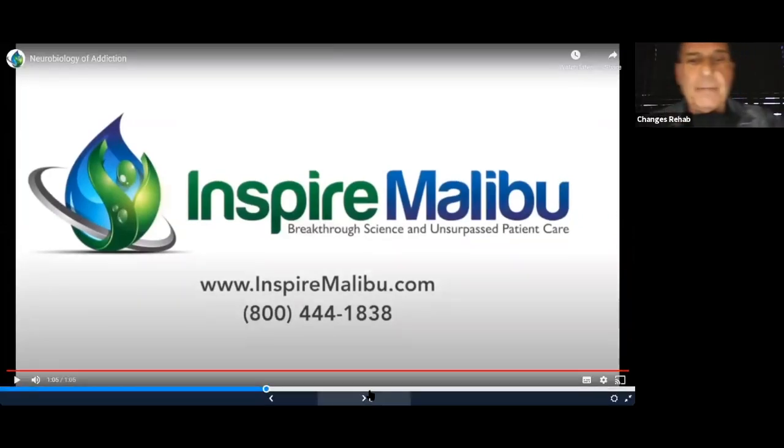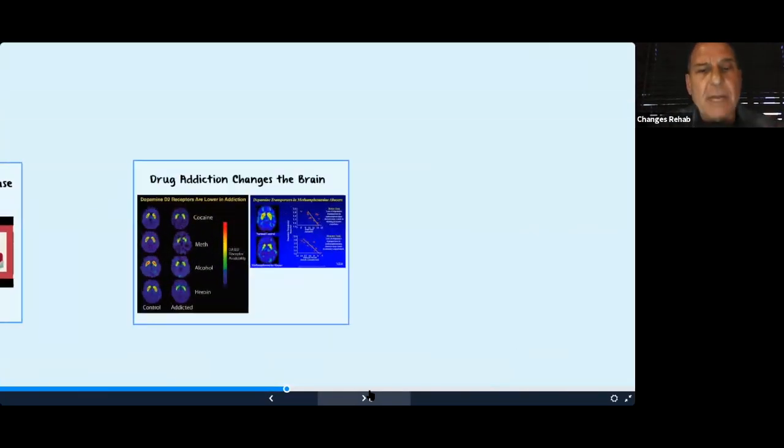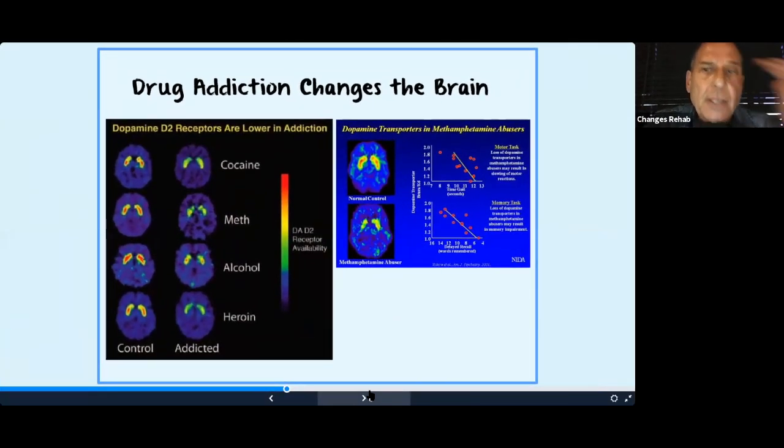Hope you got a bit of an idea there from that video of what I was trying to explain with the reward system. So what we're saying is that drug addiction changes the brain, okay? We all have receptors, and especially the dopamine receptors are lower in addiction. So you'll see we've done a graph of a controlled and an addicted brain.